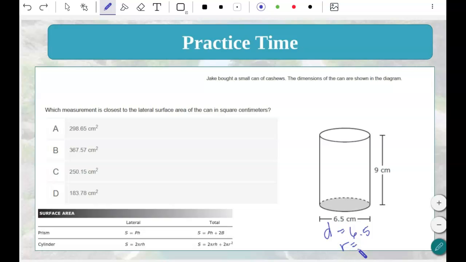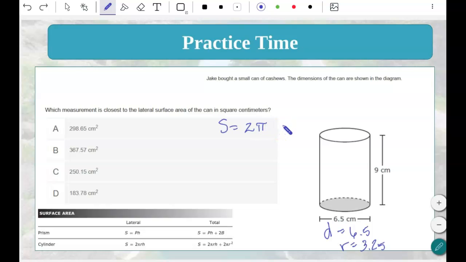So go ahead and put 6.5 divided by 2, and it's 3.25. So now we can go ahead and use that formula to plug it in to calculate the lateral surface area. So we're going to do 2. It doesn't say to use 3.14, so we'll go ahead and just use pi on the calculator.